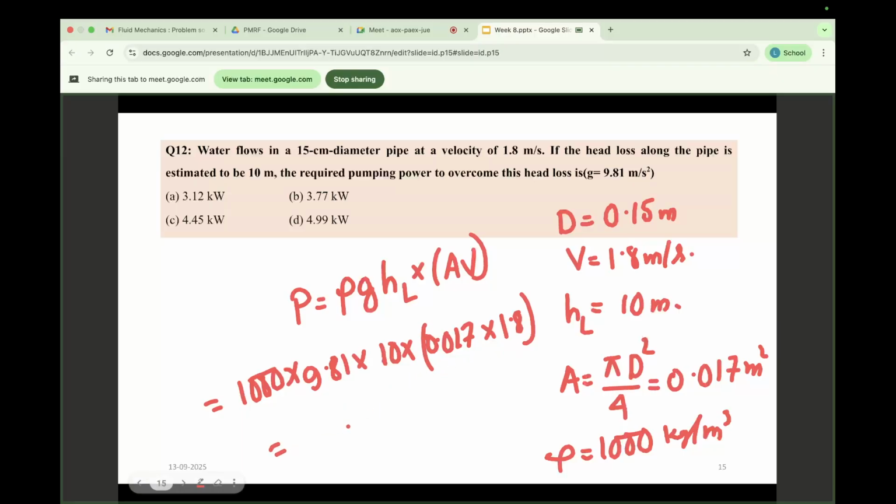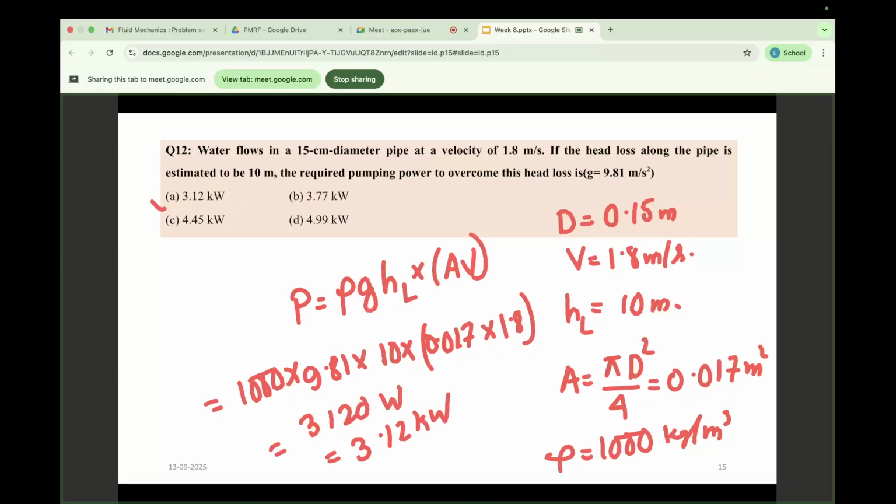So you just put all these values. So I will get 3120 around, which is approximately 3.12 kilowatt.